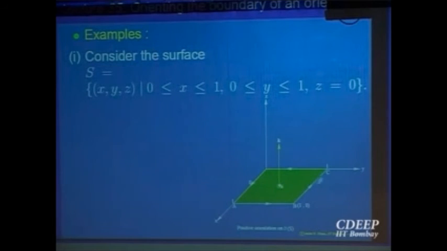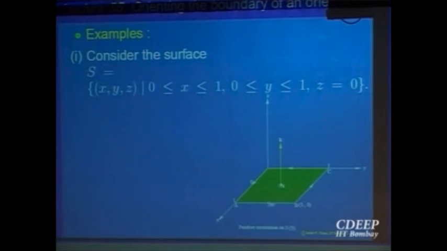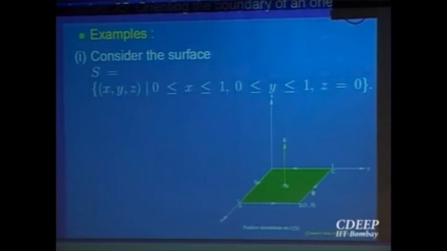So that should be the orientation on the boundary. The arrows which are pointing are already shown there. That is the compatible orientation with respect to the unit normal which is going up. If you take the other one, then it will be going opposite. Orientation, compatible orientation will change. Is that okay for this example?